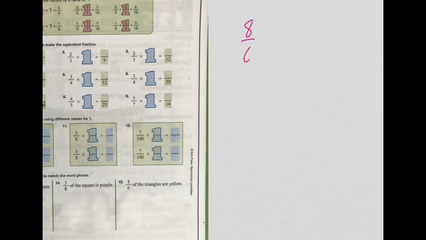So if I have 8/8 times 1, that is equal to 8/8, right? Okay. Now what if I want to know what is the equivalent to, if I need to cut it into 16ths, what would the equivalent be?